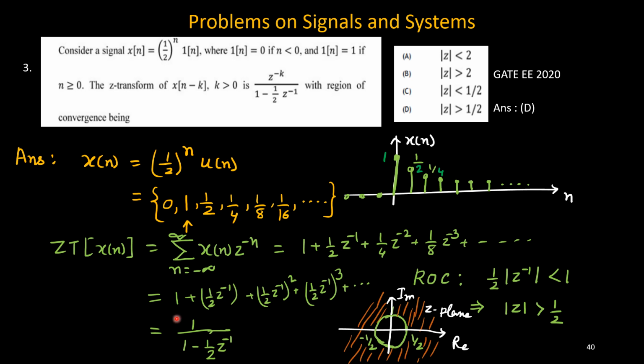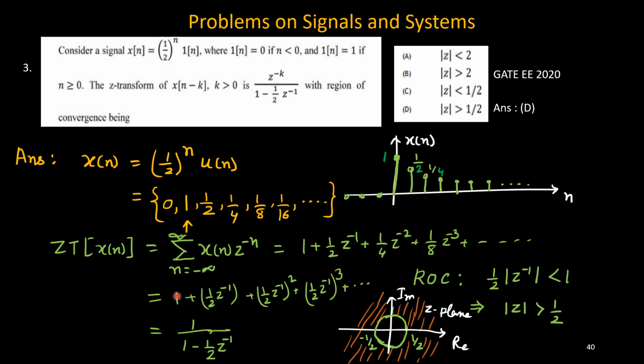I can rewrite it in this form: 1 plus half z to the minus 1, then half z to the power minus 1 squared, then half z to the minus 1 cubed. So this is your GP series: 1 plus a plus a squared plus a cubed, like that.